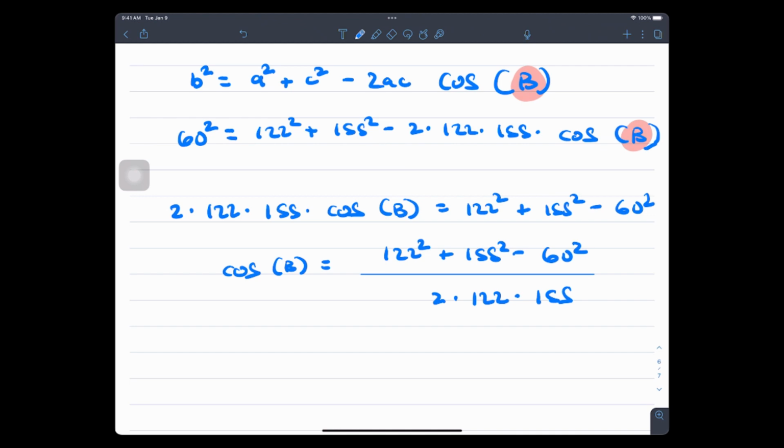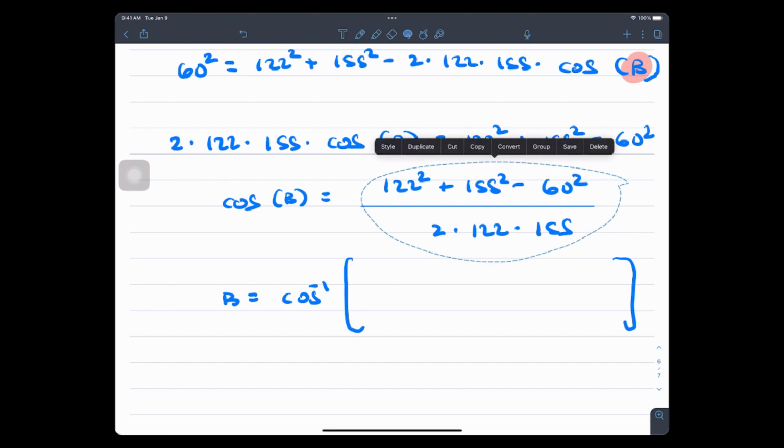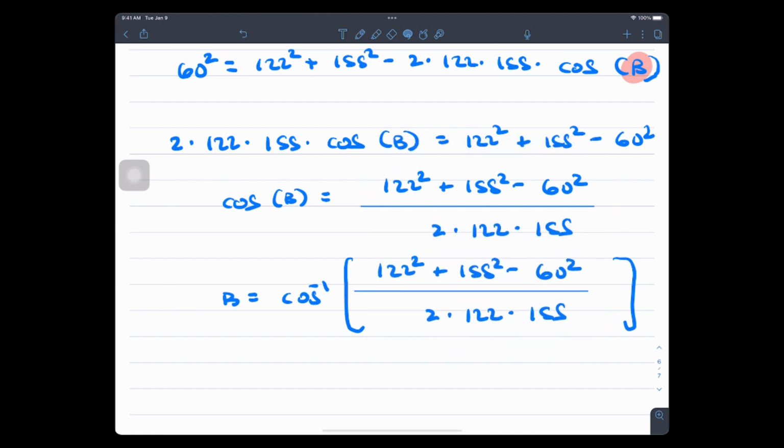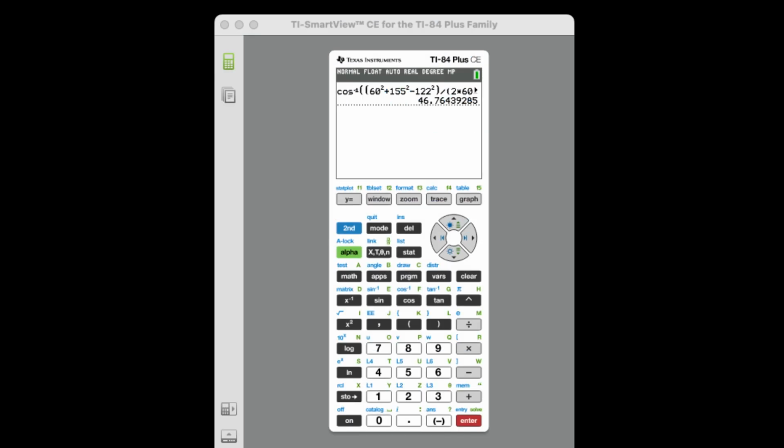Okay? Remember how you get angle B? You're going to use inverse cosine again. And then, ladies and gentlemen, let's take a look. This is going to give me my angle B now. So punch this in your calculator. Second cosine, second set of parentheses, right? 122 squared plus 155 squared minus the 60 squared.